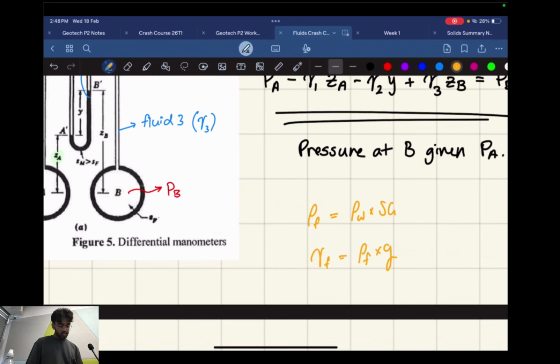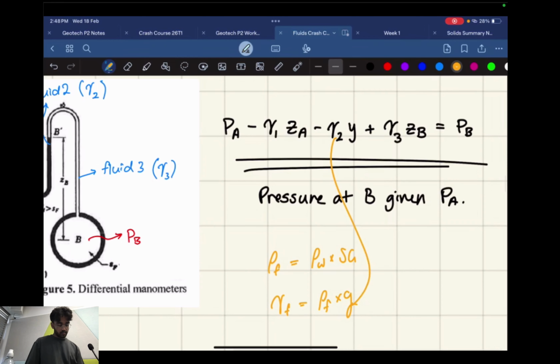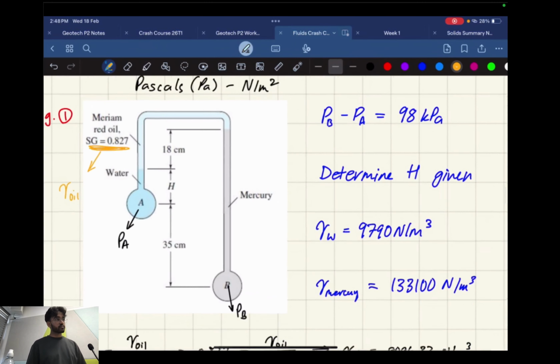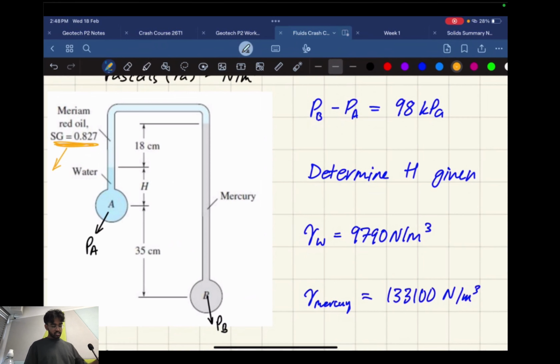So if you found this first and then multiply by g in here, you could do that. It's a bit longer. And also, density of water, we actually don't know. Oh no, density of water we do know. Sorry, it's always 1,000. Yep, that's right.